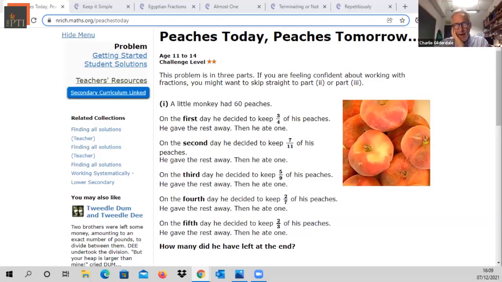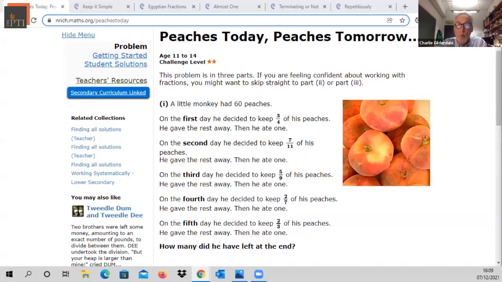Okay, so after the first day, the monkey's got 44 peaches. He decides to keep 7/11. So this time, like you say, there's no advantage to working out how many he's going to give away, the 4/11. So I'm going to work out 7/11 of 44, and I'm going to do that by working out 1/11 first.